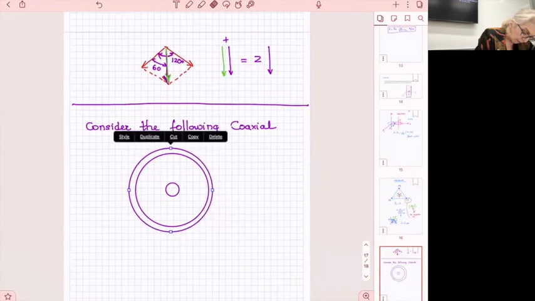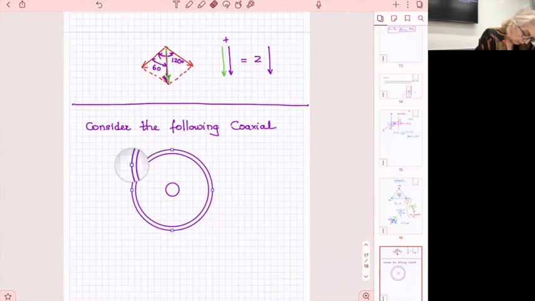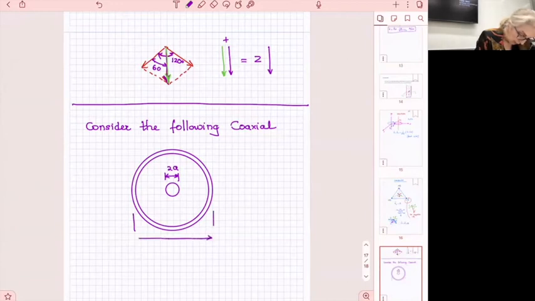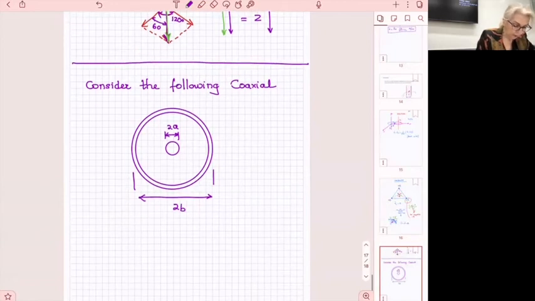Okay, so we have these two conductors that make a coaxial line. And if I give you, for example, this 2A, and if I give you this 2B, do you know how to find the capacitance of this?